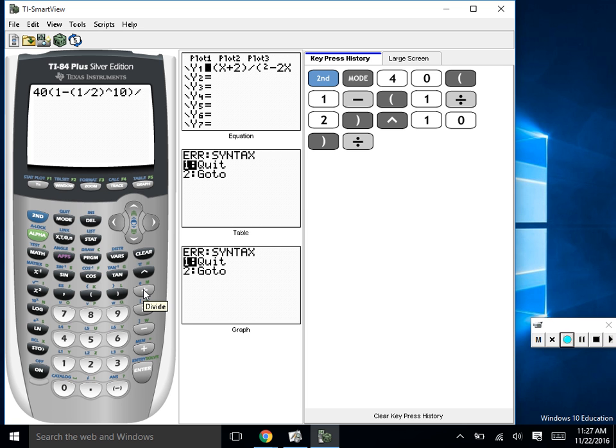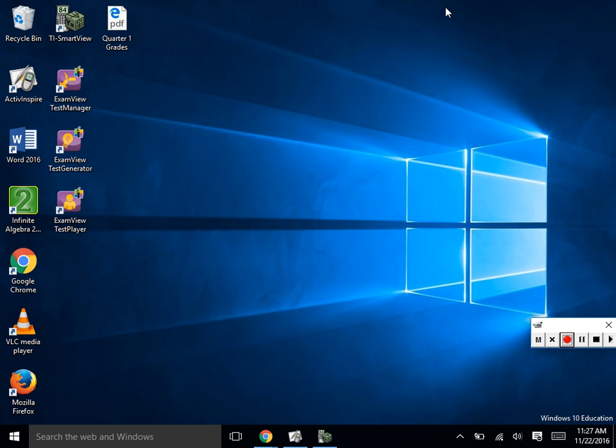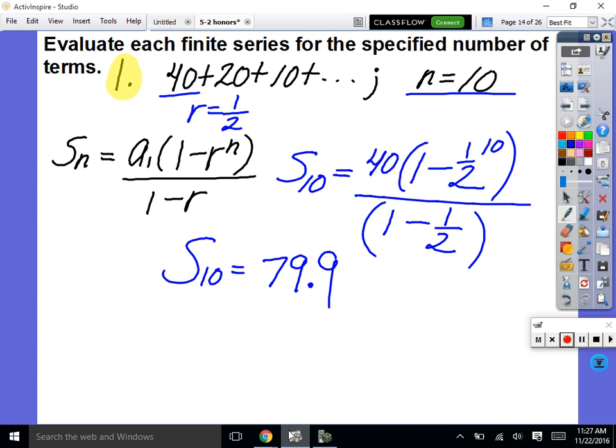Then I'm going to hit divided by, and then this part I am going to actually calculate. 1 minus a half is 1 half, correct? So divided by parentheses, 1 divided by 2. 79.9. You've got to be really careful. Does everybody see how you've just got to be so careful? Okay. Sweet.